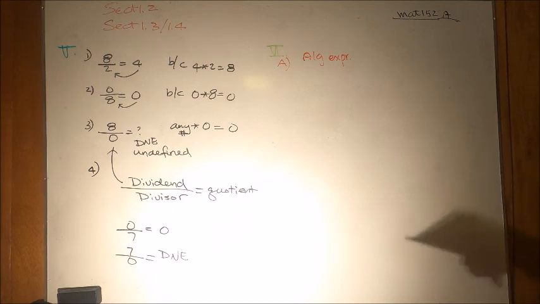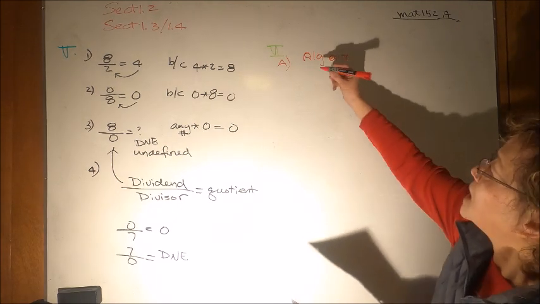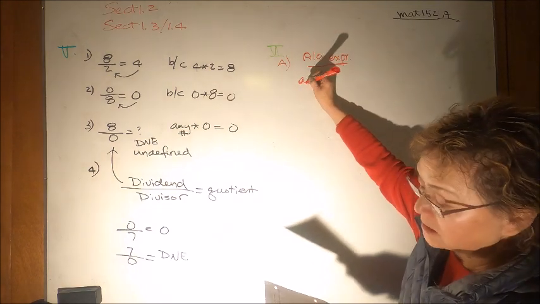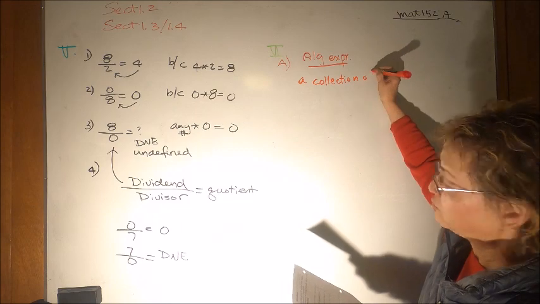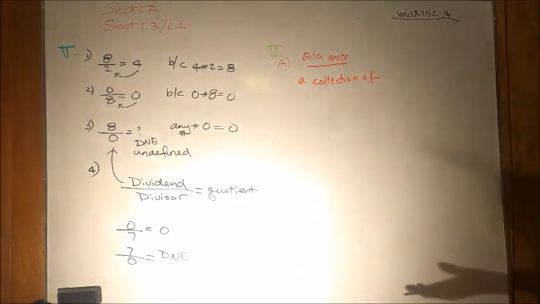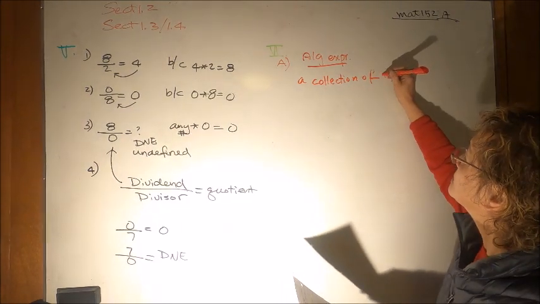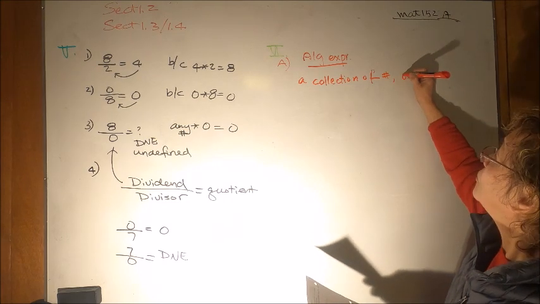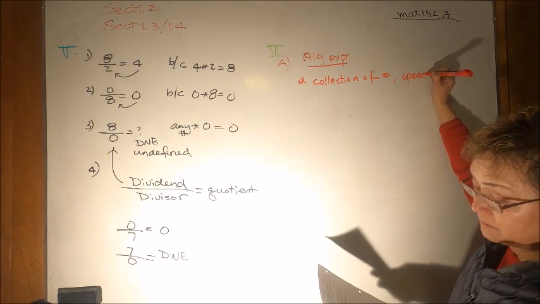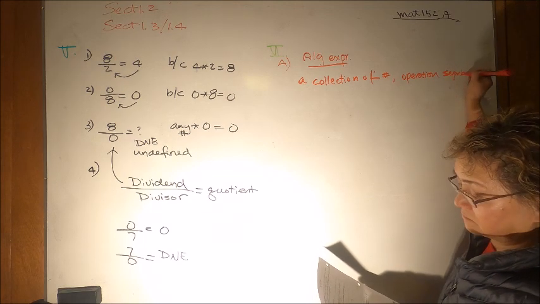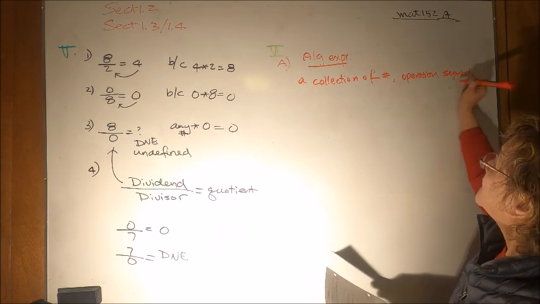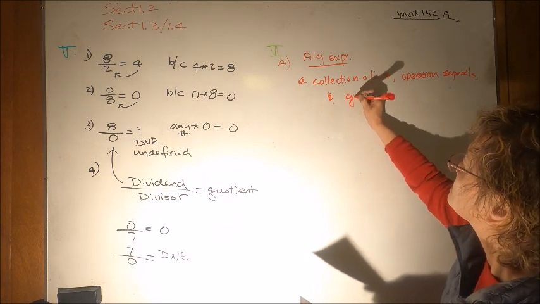So we tell you what kind of things we call an algebraic expression. An algebraic expression is what? A collection, a bunch of things, right? Of what? What kind of things do you usually see in algebra? Numbers, right? And operation symbols, and group symbols.